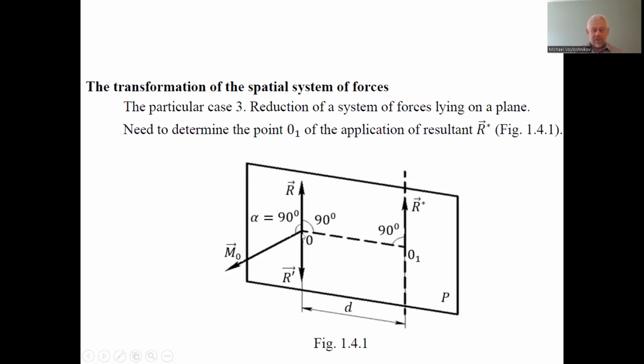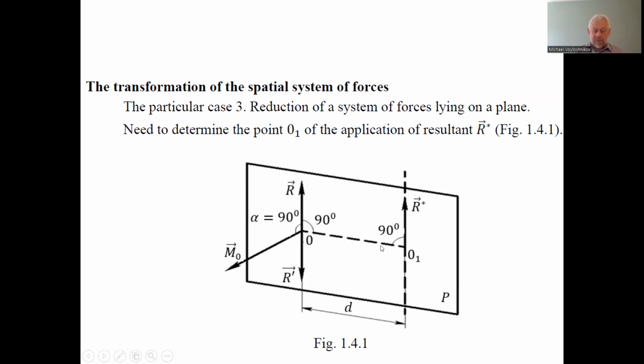The first force we apply on the plane is the force balancing the resultant R. That's why we extend to the next one, point O1, where we apply the force R asterisk.